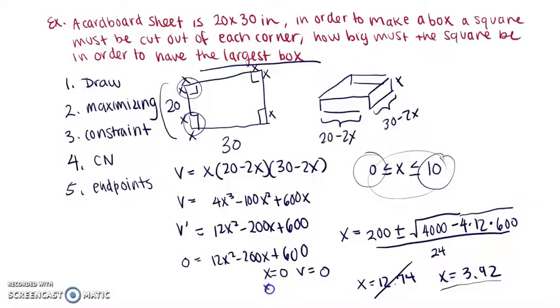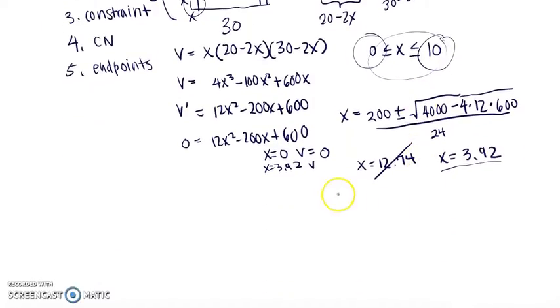And then we have x equals 3.92, and that gives us our volume, which would be, if you plug that into a calculator, 1056.3. And then if our x is equal to 10, which is our endpoint here, our volume has to be 0 because 20 minus 20 equals 0.